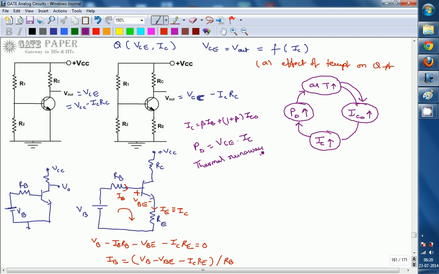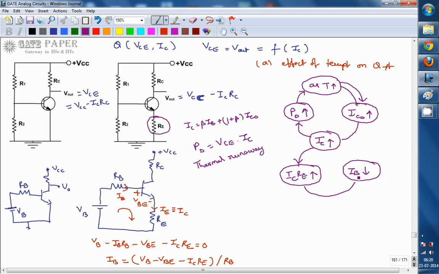This can be avoided if you introduce a resistor RE at the emitter. How? We will see. As IC increases, can we say the voltage drop across this RE increases? So the voltage drop across RE, that is IC into RE, increases. Whenever IC into RE increases, does the IB value reduce or not?